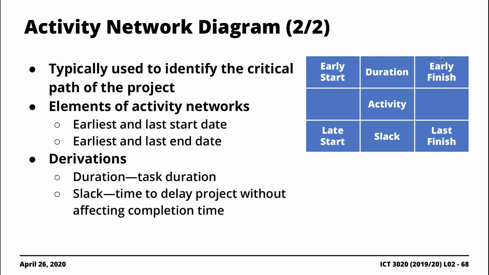And then finally, still on the top, the early finish date. The middle number would be the activity name. The numbers that appear on the bottom row would be the late start date, the slack, and the late finish date in sequence.